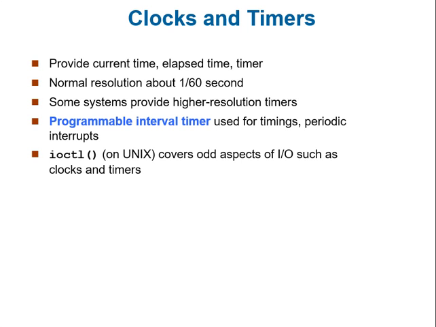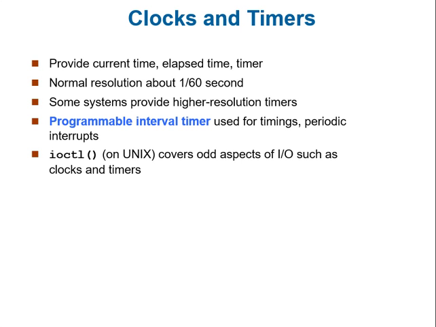It depends on their requirements and the standard they follow. An example of a timer device is the hardware programmable interval timer, which can be used to measure elapsed time and to trigger operations. It is also used for timing or any periodic interrupt.